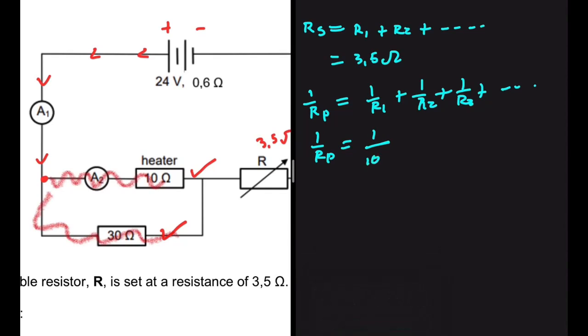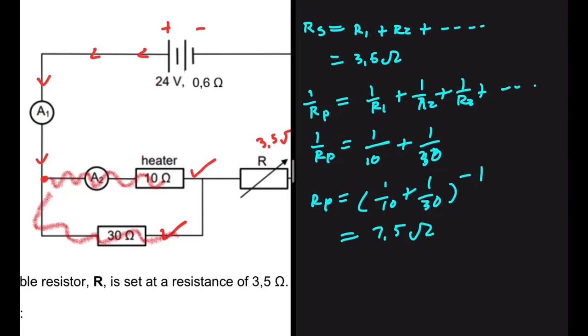So we're going to have 1 divided by 10 plus 1 divided by 30. So RP is equal to (1 divided by 10 plus 1 divided by 30) to the minus 1. If you put that in your calculator, you should get 7.5 ohms. So there we go. We have RP. The internal resistance is given to us right here as 0.6 ohm.